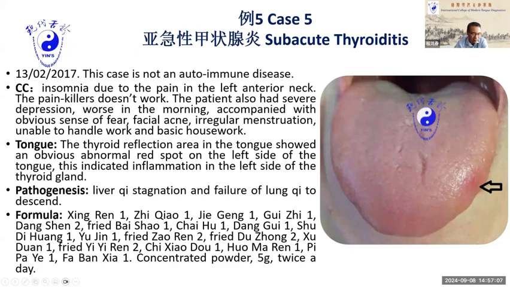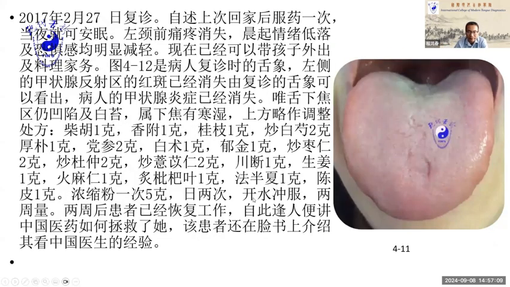Okay, after 2 weeks of the herbal tea, the patient came back for follow-up. I took her tongue picture, and you can see the red dot on the left thyroid reflection area has disappeared.